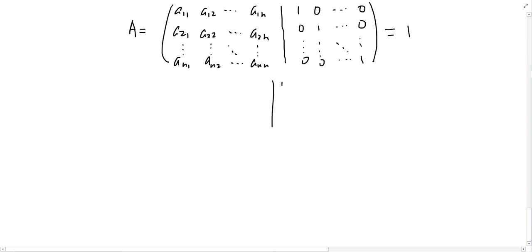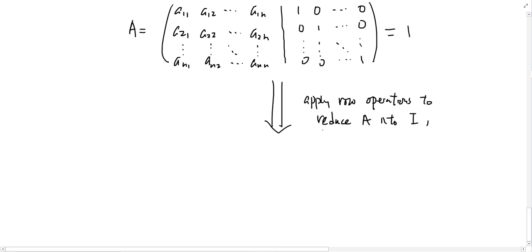What you're going to do is apply row operations to reduce matrix A into the identity matrix.